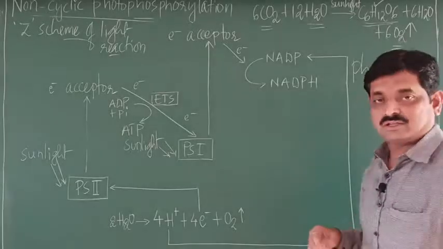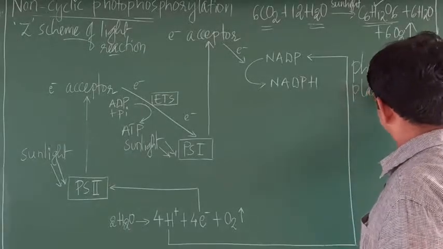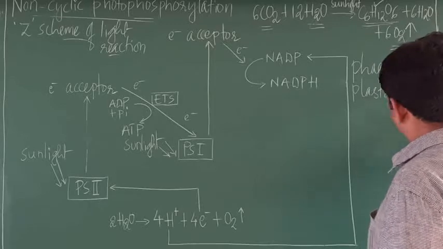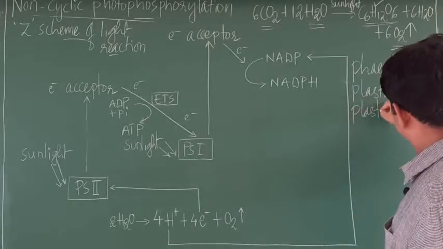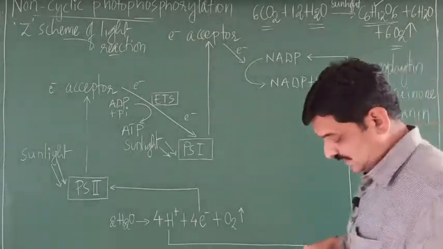Pheophytin is one electron carrier. Another one is plastoquinone. Plastocyanin.